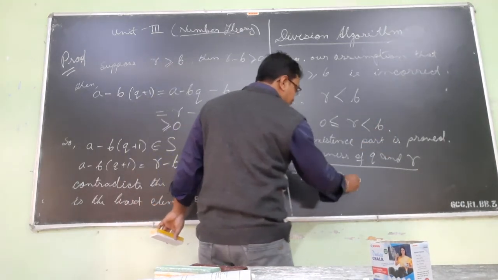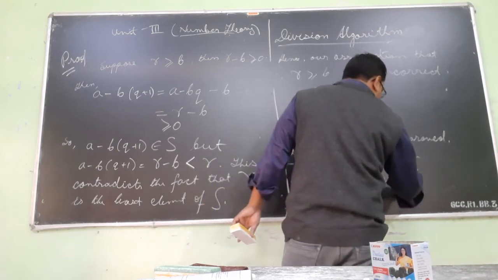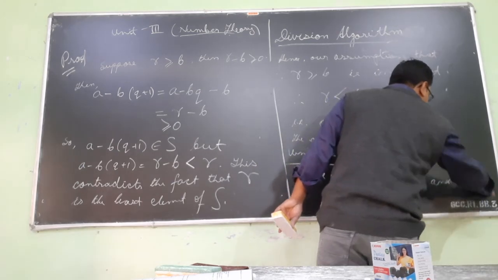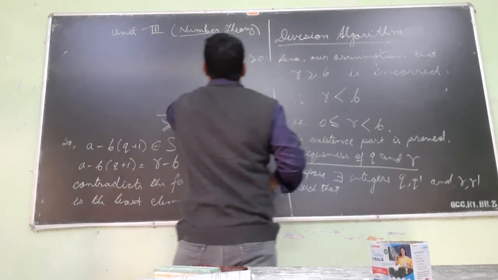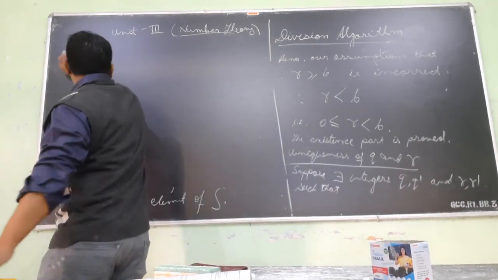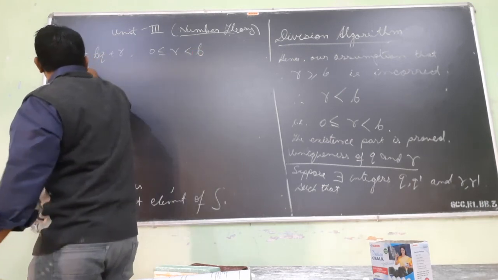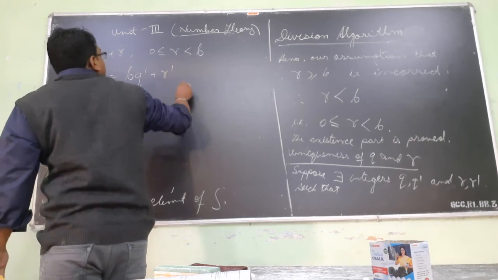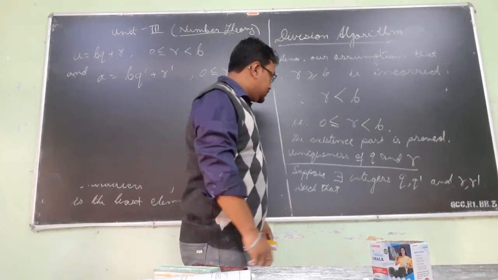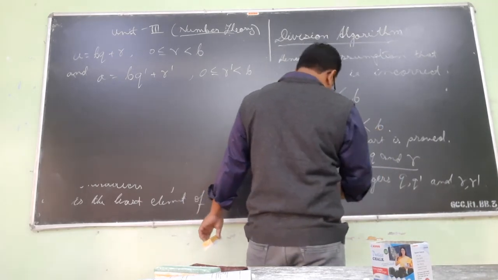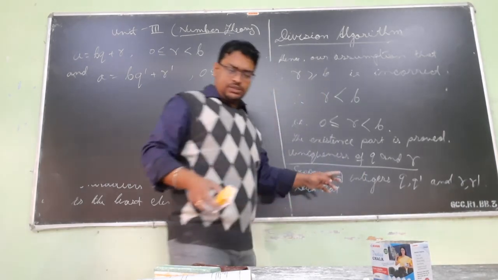So suppose there exist integers Q dash and R dash such that A equals BQ plus R, 0 less than or equal to R less than B, and A equals BQ dash plus R dash, 0 less than or equal to R dash less than B. Existence of Q and R we have already written, so just write about Q dash and R dash.